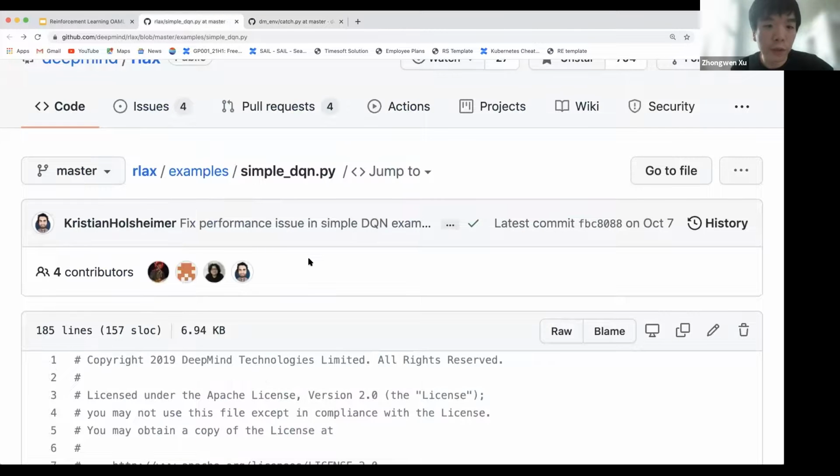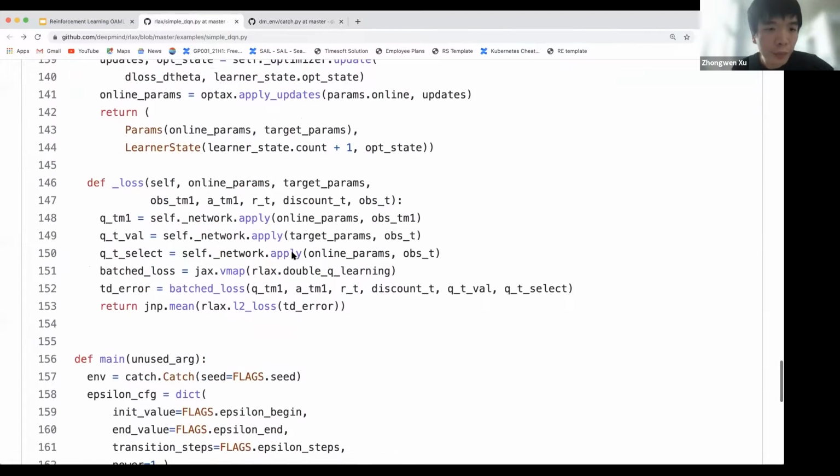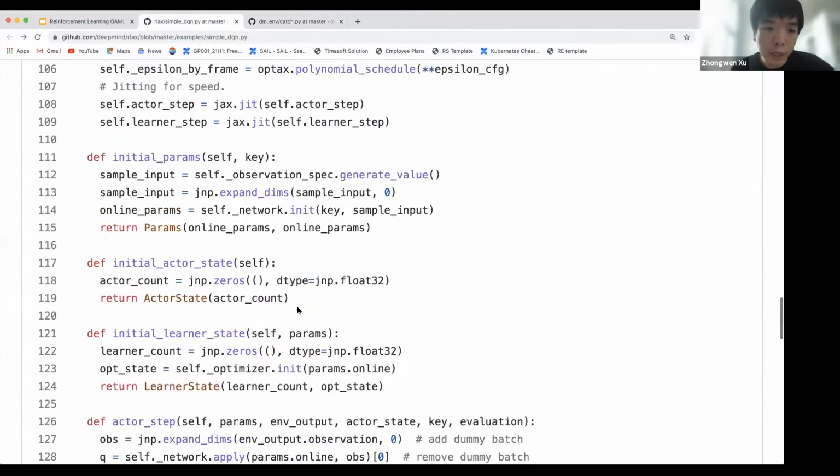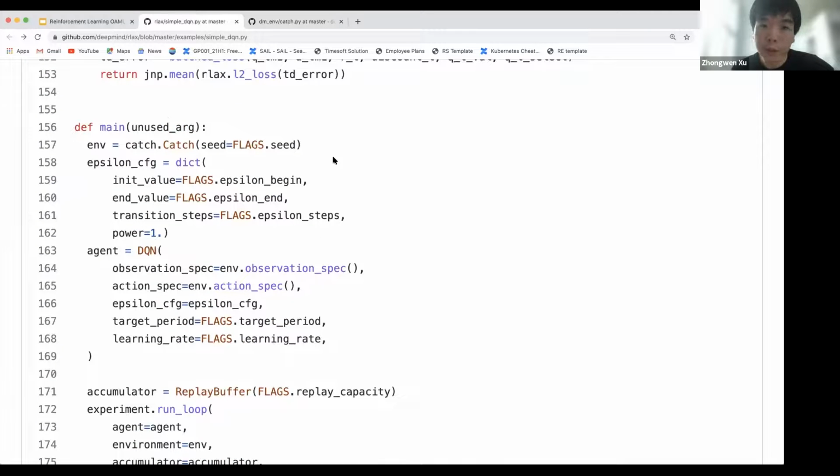And the beauty of this concise abstract API is that if you write one DQN agent for one simple environment, the same code can be applied to other environments as well.